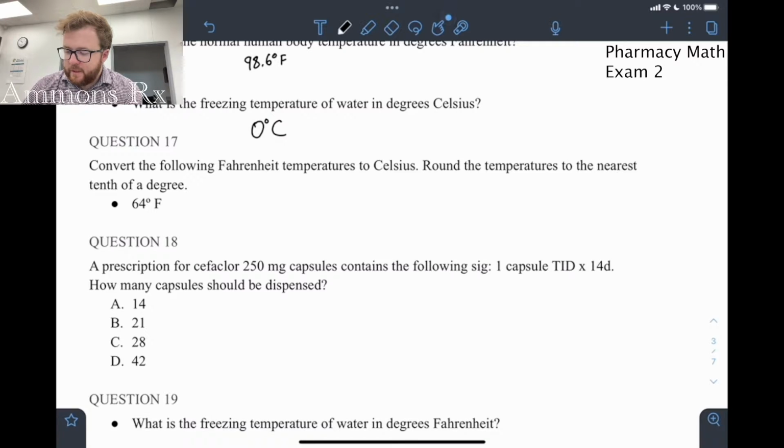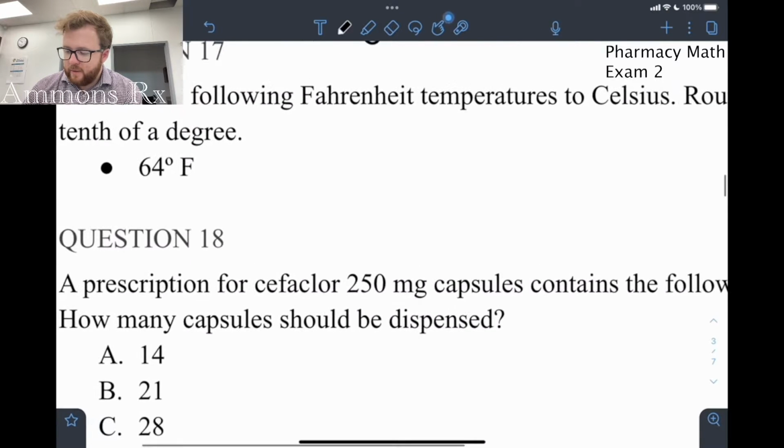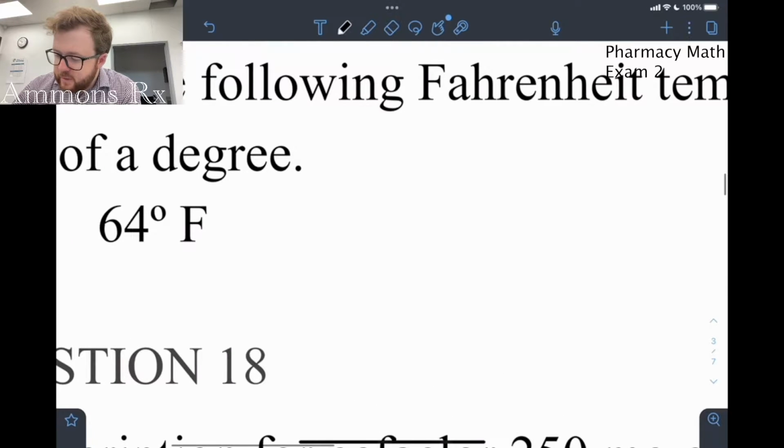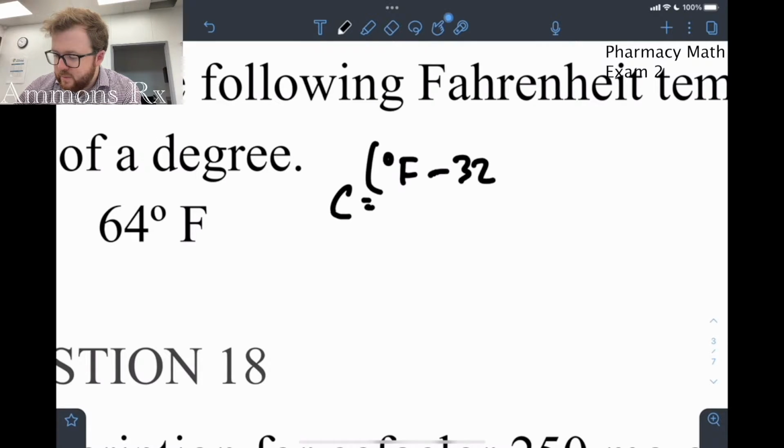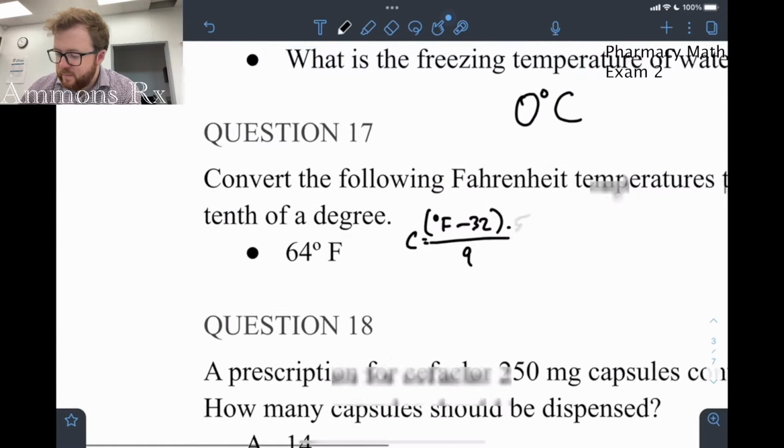Convert the Fahrenheit temperature to Celsius. Okay, so we have a Fahrenheit to Celsius. So we have Celsius is equal to temperature in Fahrenheit minus 32 divided by 9 times 5.